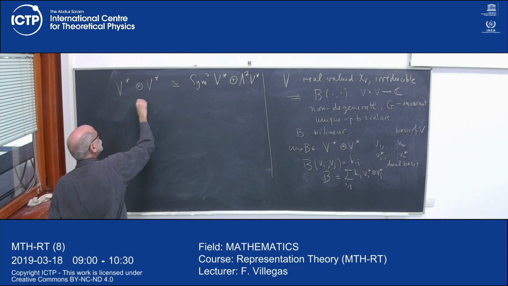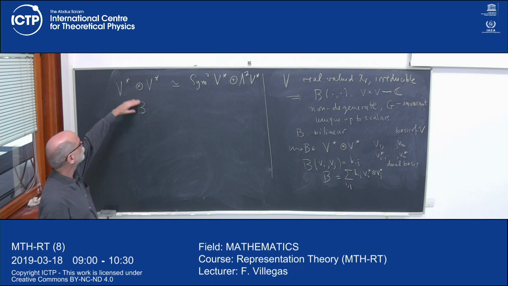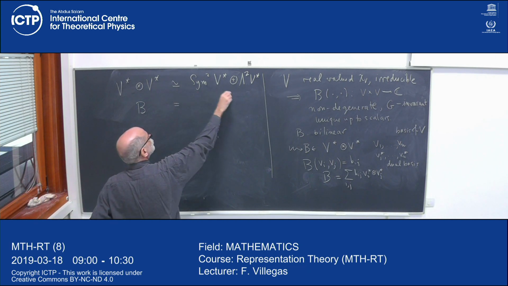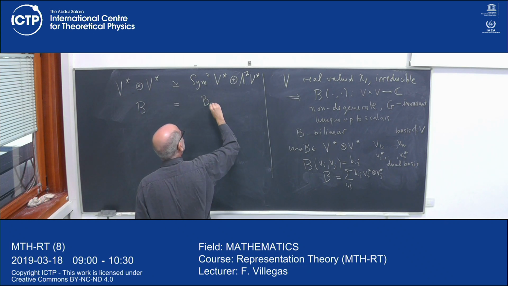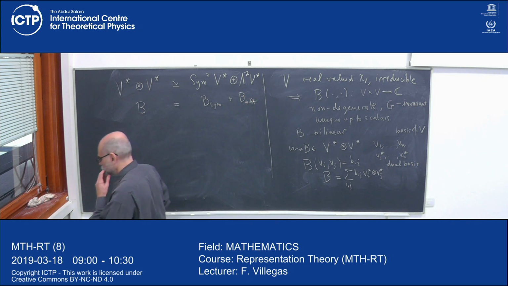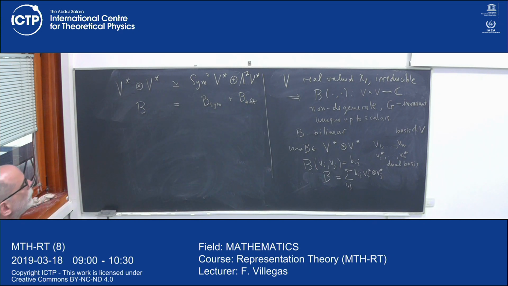And if we think of bilinear forms as elements in here, then this decomposition is nothing other than saying that B breaks up into a sum of a symmetric bilinear form and an alternating bilinear form.